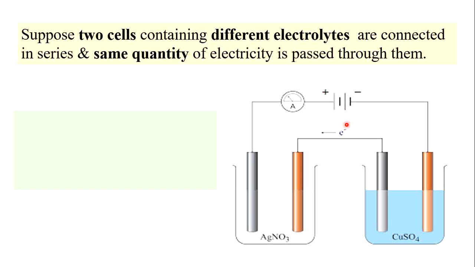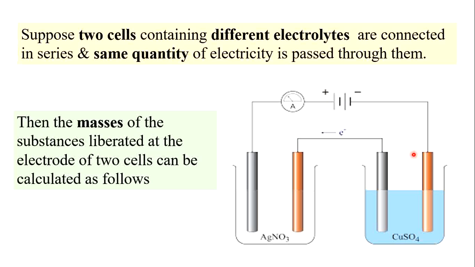And if the same quantity of electricity is passed through these two cells, then the masses of the substances liberated at the electrodes, that means silver deposited at the negative electrode and copper deposited at the negative electrode of the two cells, can be calculated using the relation W is equal to Q divided by 96,500 into mole ratio into molar mass.